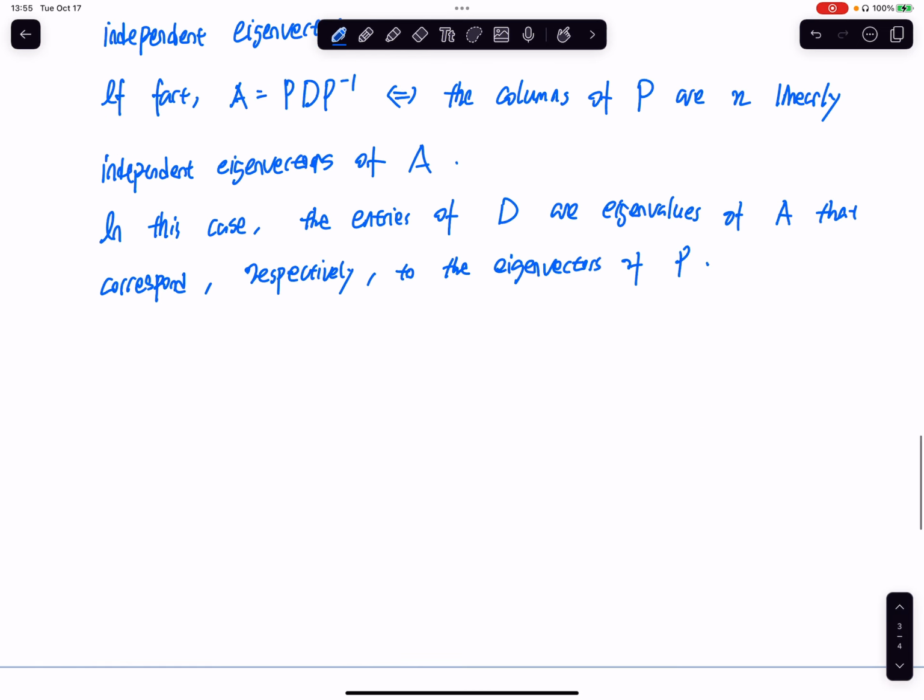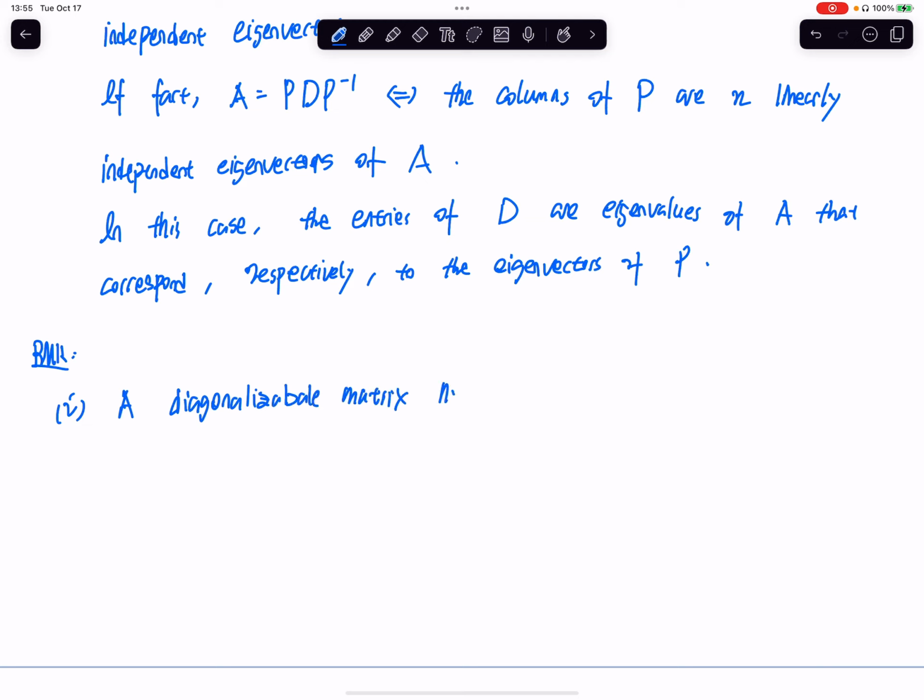And also, there are some remarks. First, let us clear up a possible confusion: a diagonalizable matrix need not be non-singular.